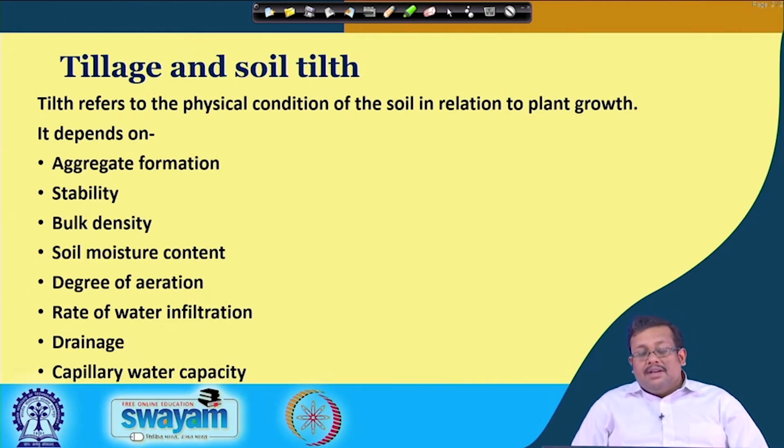So, tillage is the preparation of soil to provide a favorable physical condition for germination and plant growth, whereas tilth is the physical condition achieved due to tillage.